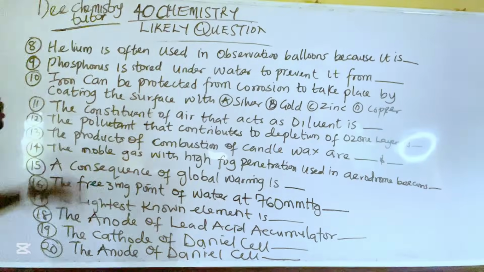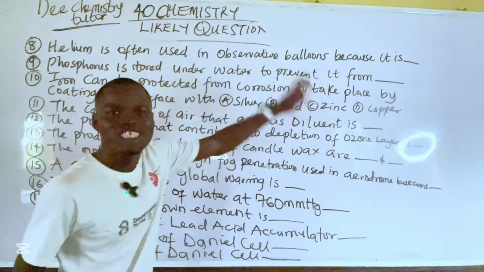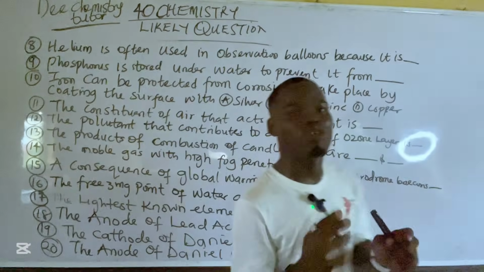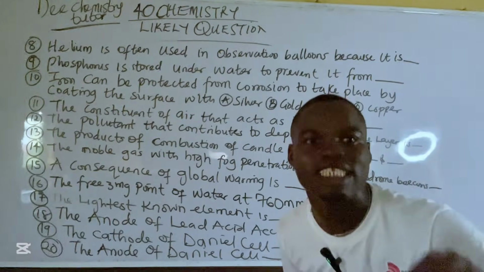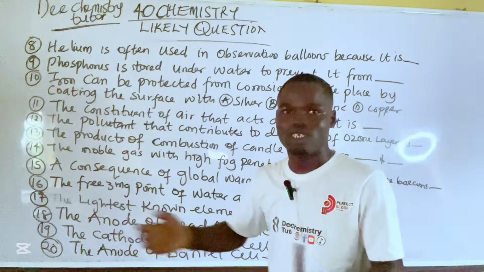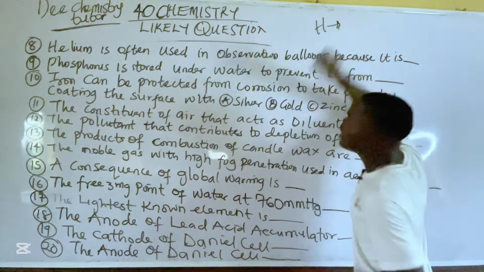Number 8, helium is often used in observation balloons because it is dash. Now, what you have to understand is that helium after hydrogen is light too, right? Hydrogen is the lightest known element, right?